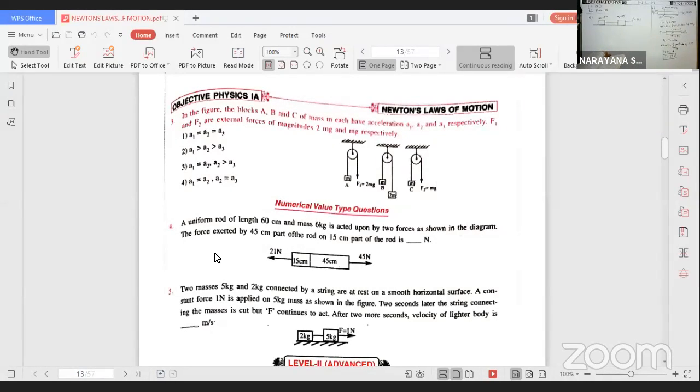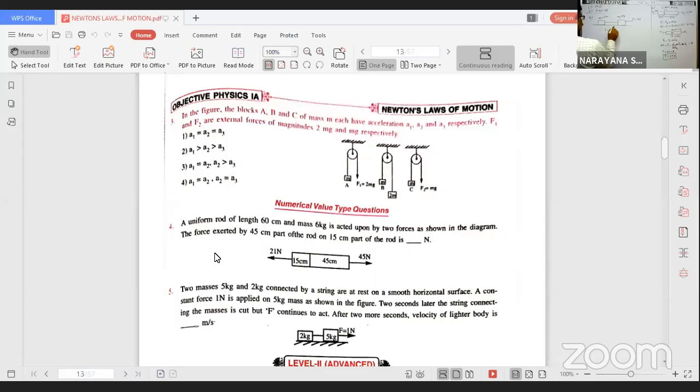First of all, with what acceleration will the system move? First we have to find that. On the two blocks together, the force applied is this one.